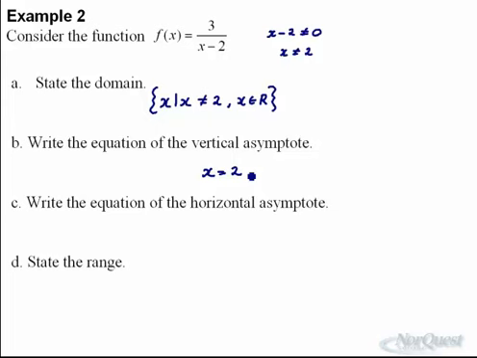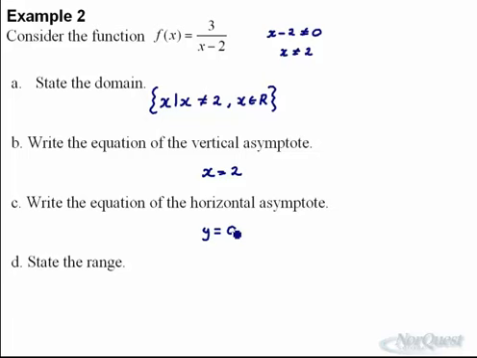The degree of the denominator is a degree 1 because there is a variable. So when you have the degree of the denominator greater than the degree of the numerator, in my notes, I also tell you that the horizontal asymptote will be y equals 0. And I'll verify that using the calculator in a short minute.